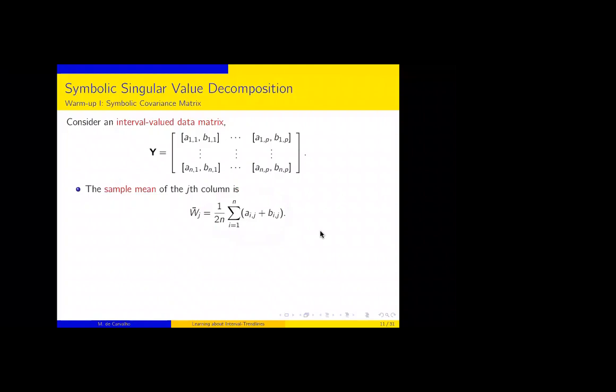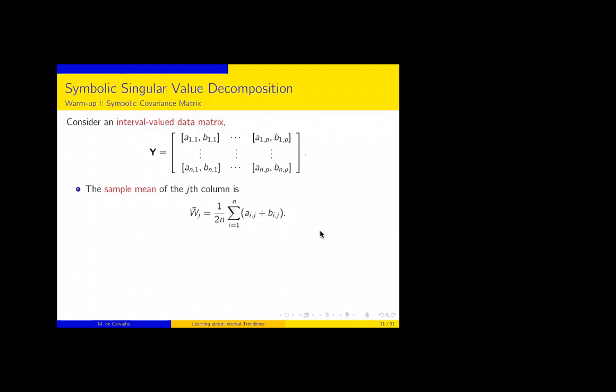Essentially, you're taking an average of all these entries in this column, and it's a double average, if you will, because you're also averaging over the lower value A as well as the upper value B. From an intuitive point of view, this makes sense.